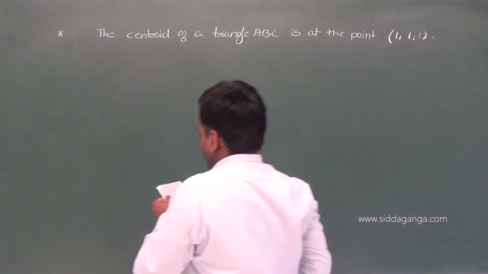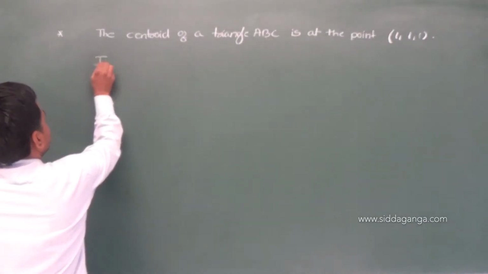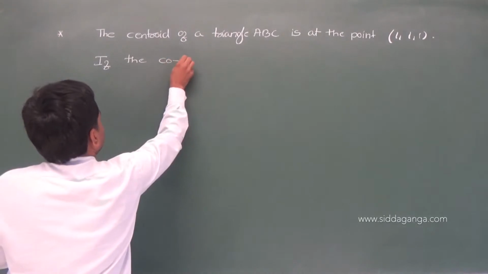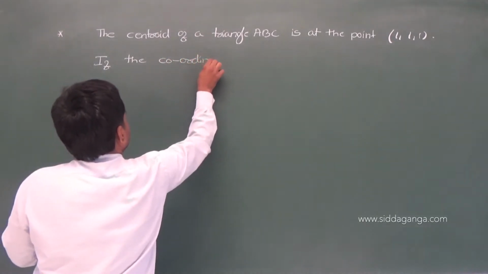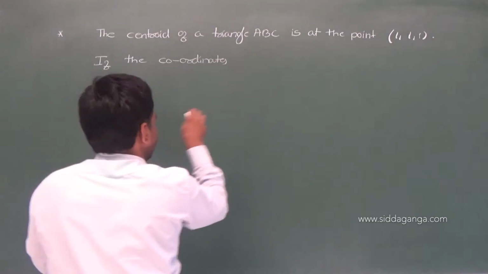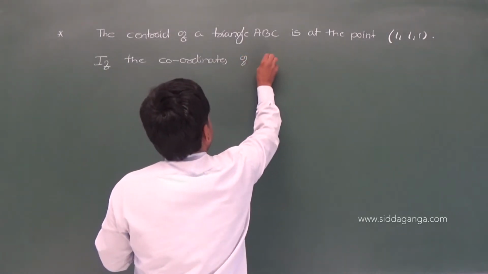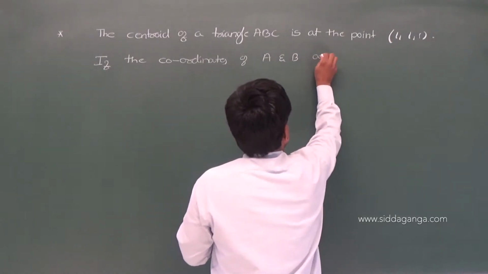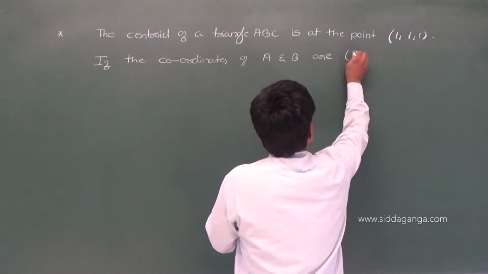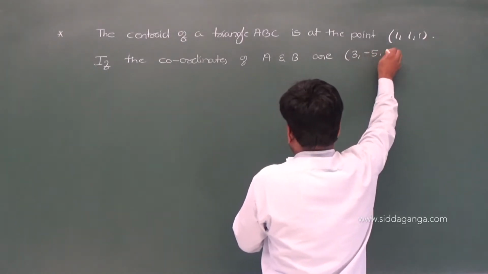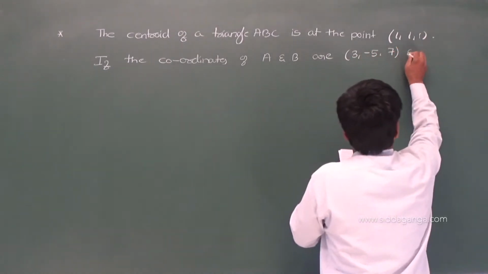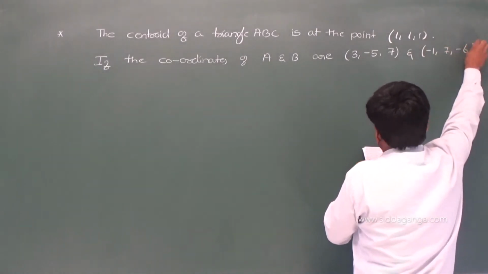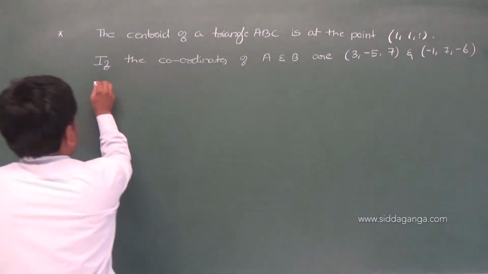First of all, if the coordinates of A and B are 3, -5, 7 and -1, 7, -6 respectively.